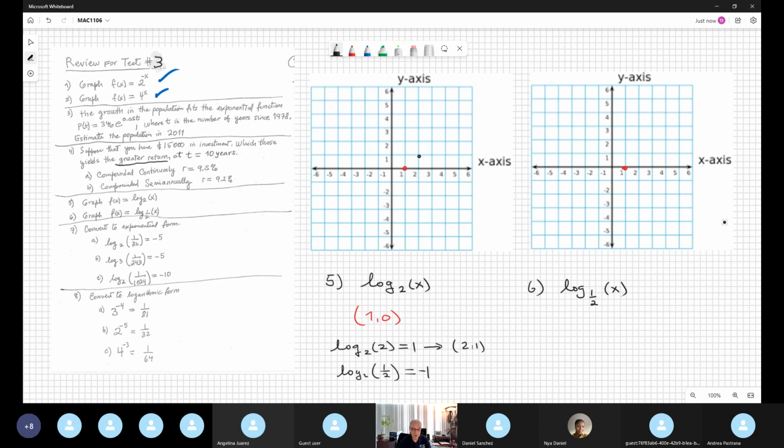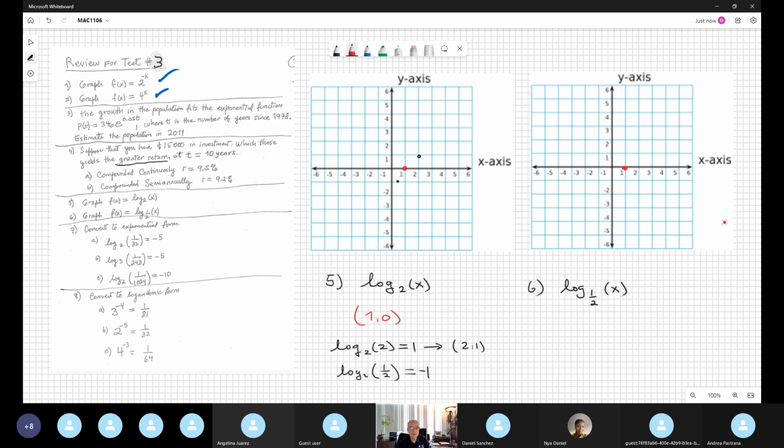Why? Because 1/2 is the reciprocal. To get the reciprocal, I use a negative exponent. If you flip 1/2, you get 2. And the point would be (1/2, -1), which is the middle of this segment. I have 3 points. Look at that.